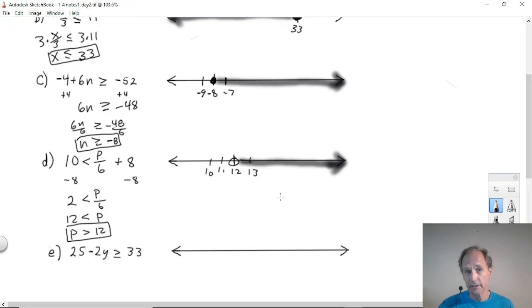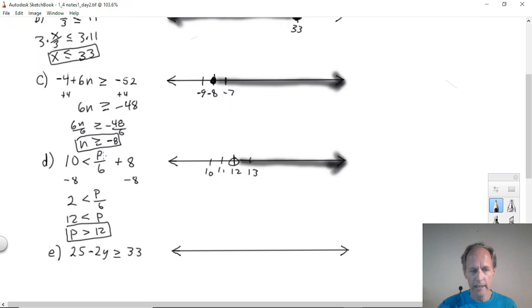Now we haven't talked about checking these in these examples, but you can check the boundary condition and then check something a little bit bigger. So 12 is our boundary point, I should say. We don't want it to be included, so we want a false statement when we put in 12.